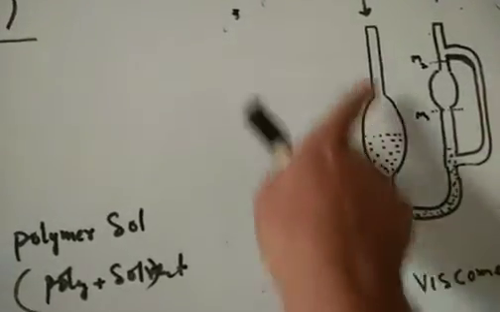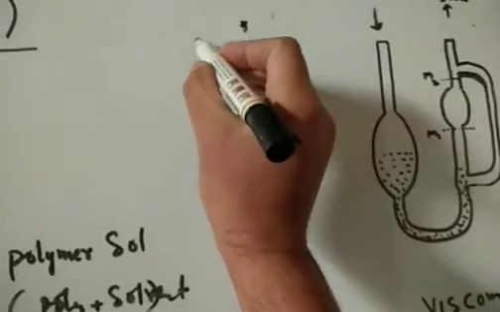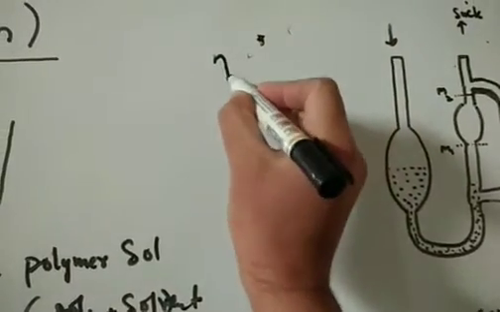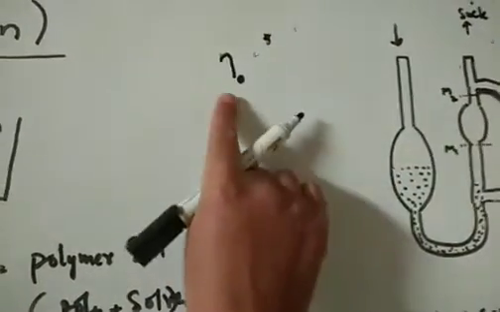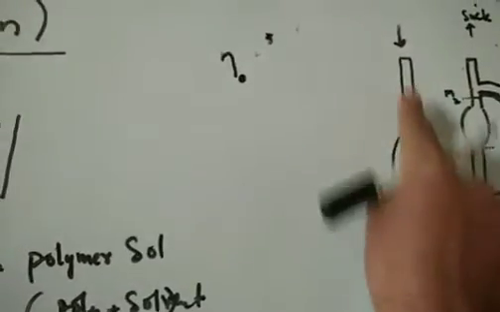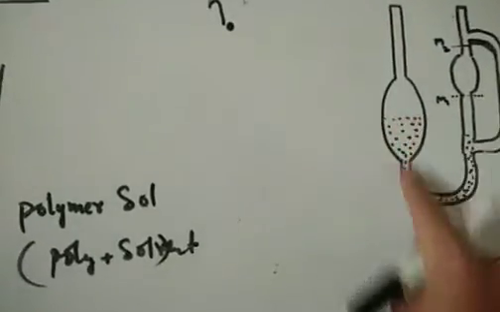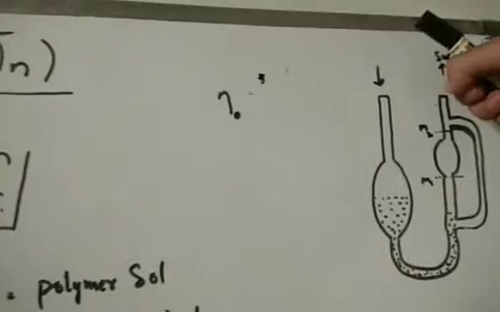So what we do, for example, we have to determine the viscosity of our pure solvent. So we add the pure solvent here. और जैसे यहाँ भरा हुआ है. उसके बाद यहाँ से हम इसको suck कर लेते हैं.